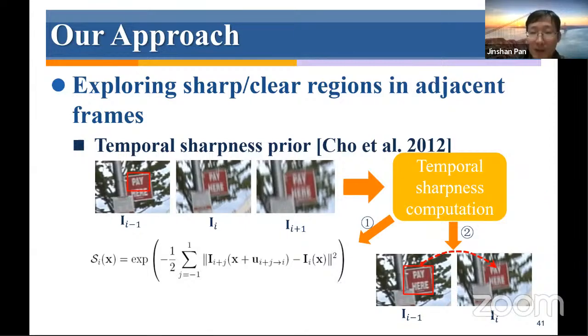For example, we can use more adjacent frames to choose the subpixels based on the temporal sharpness prior. And the temporal sharpness prior is defined based on this equation. And in addition, we can also use the patch matching methods to select the clear regions for better image restoration.